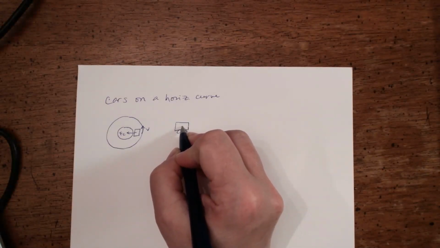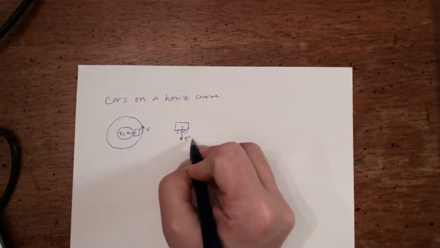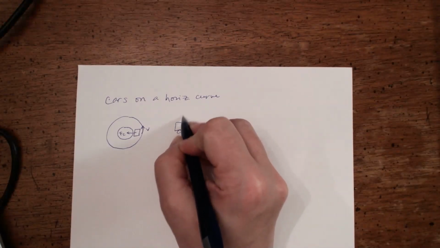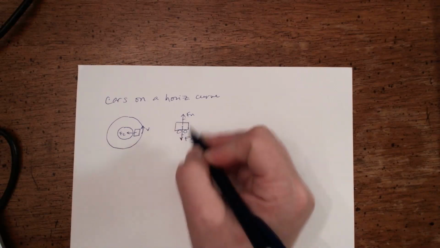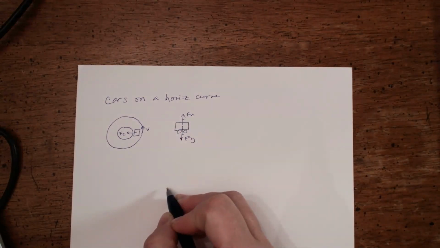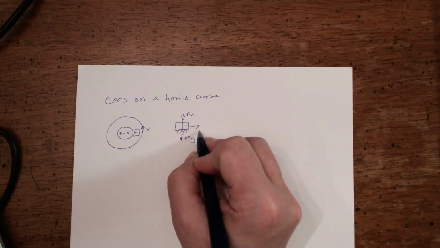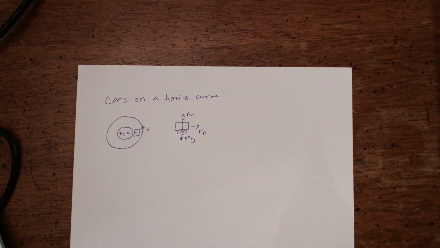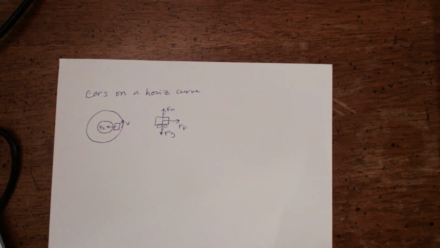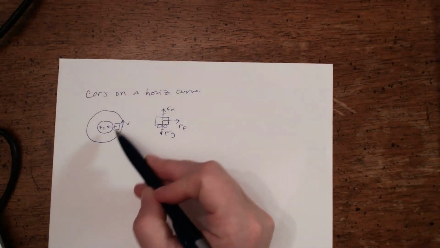my car's not moving vertically, so it's got a force of gravity and a normal force, and they're balanced. And then towards the center, we've got a force of friction. That's a static friction between the car and the road that's keeping it on that track.